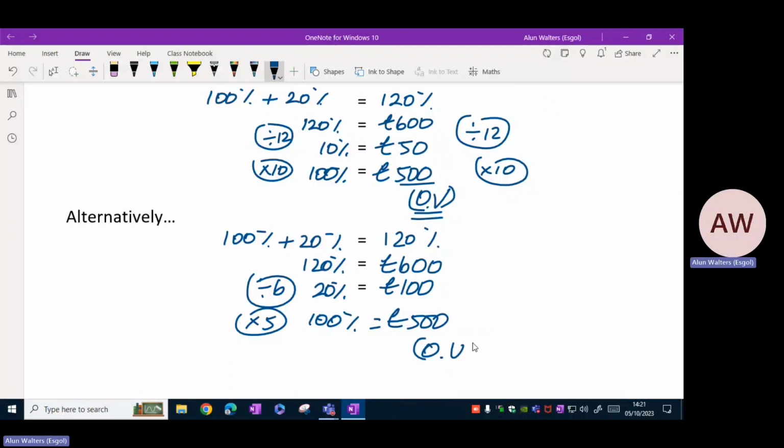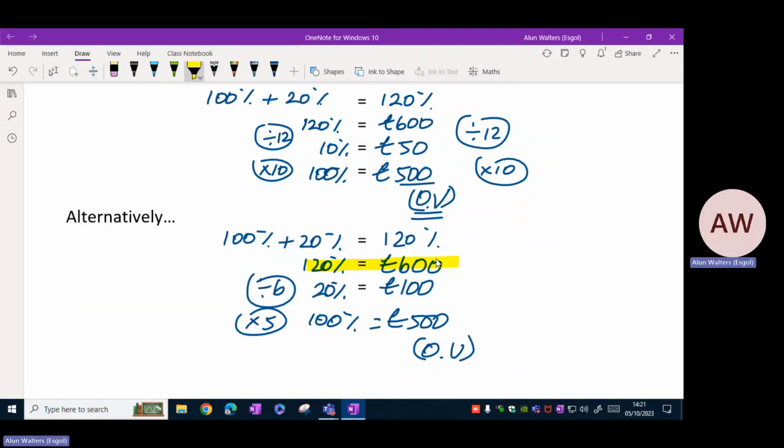which is the original value. And you could even do a takeaway here. You could say 120% take away 20 gives you 100, 600 take away 100 gives you 500. So the key to it is once you've written this statement down, then you're just proportioning, whatever you do to the left, you do to the right.